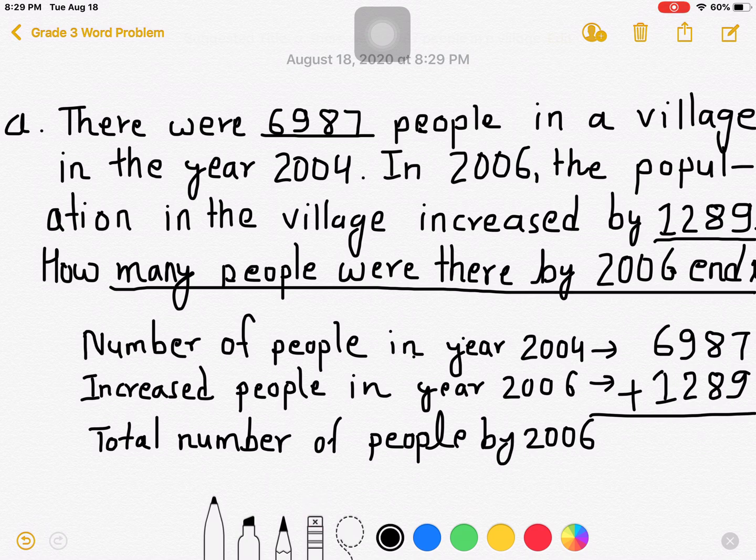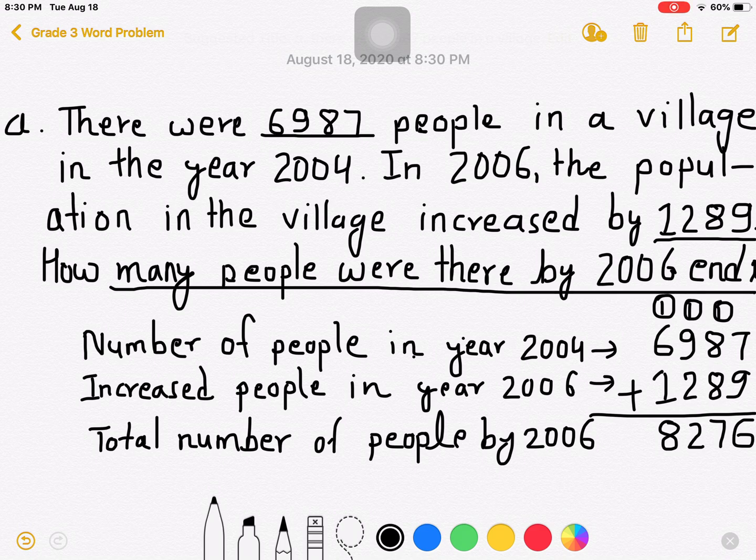Okay, now let's add 7 and 9, that is 9, 10, 16. 6 here, and 1 carried over to the tens place. Now we have to add 1, 8 and 8, that is 17. Now 1 carried over here, and 9 plus 1 is 10, 12. And 1 carried over, 6, 7 and 8.